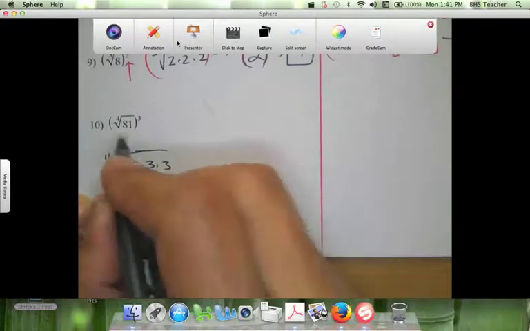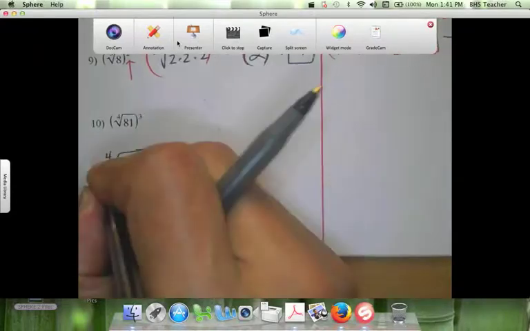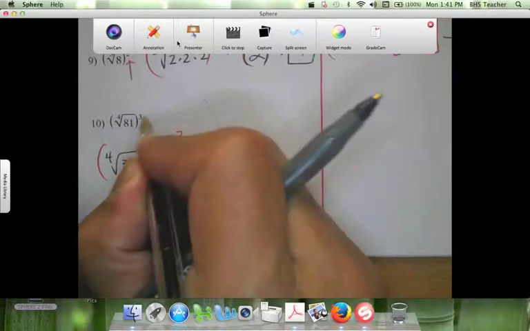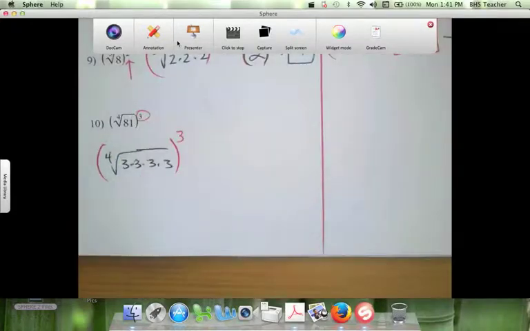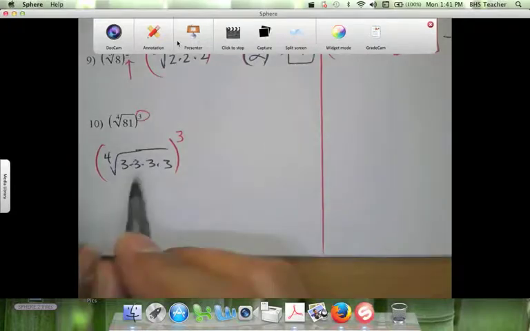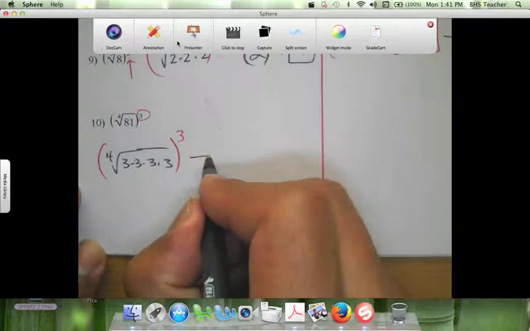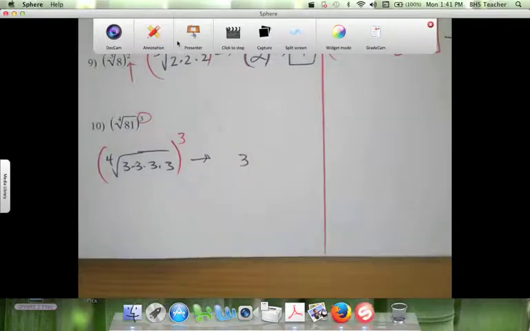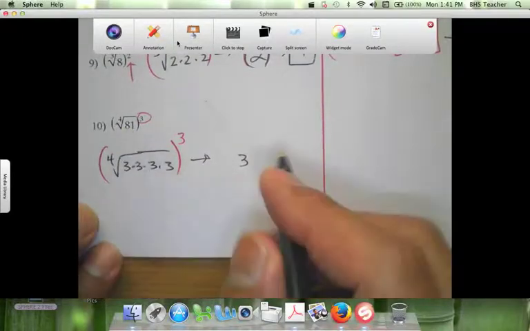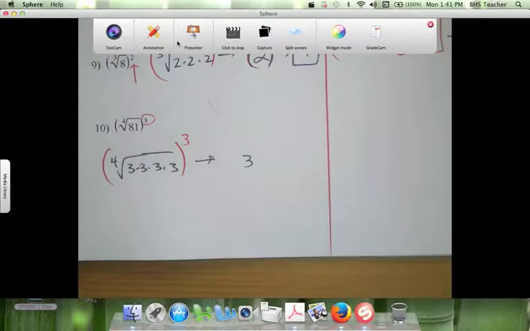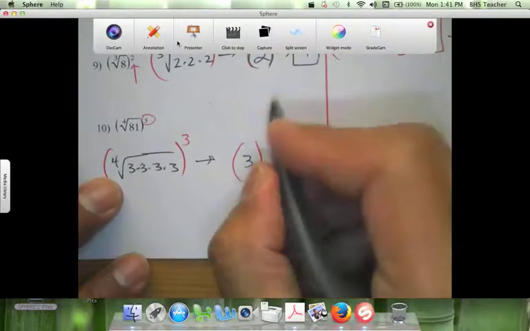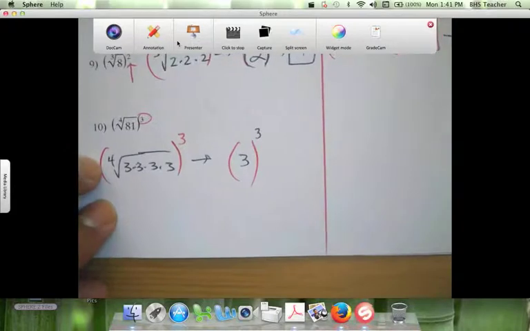And then that's to the power of 3, right? This 3 here. Well, this inside value is just what? 3. Right? Because the fourth root of 81 is 3. To the power of 3. 3 to the power of 3 is 27.